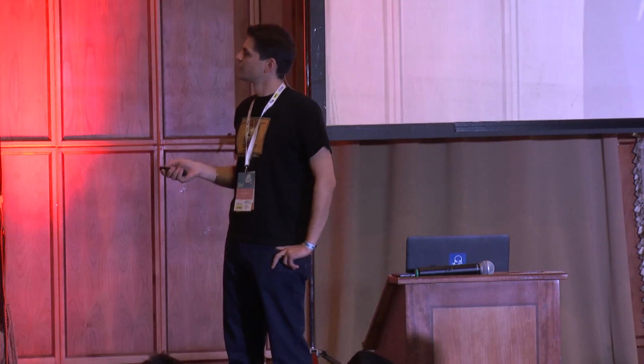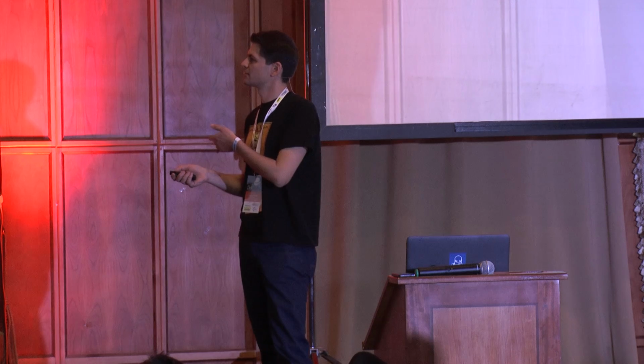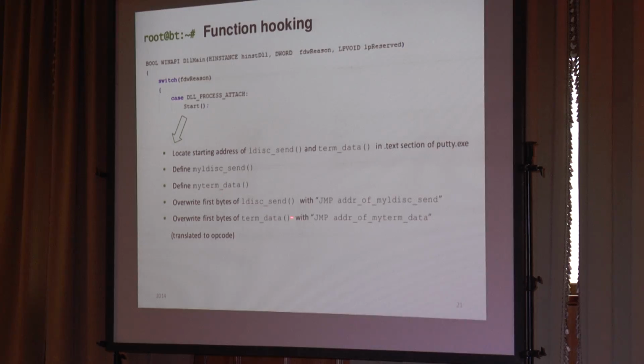We also define two other functions, the handlers, my ldisk_send and my term data. And I overwrite, in the memory of Putty.exe, the beginning of the legitimate function ldisk_send with opcodes for a jump instruction to the address of my handler functions.